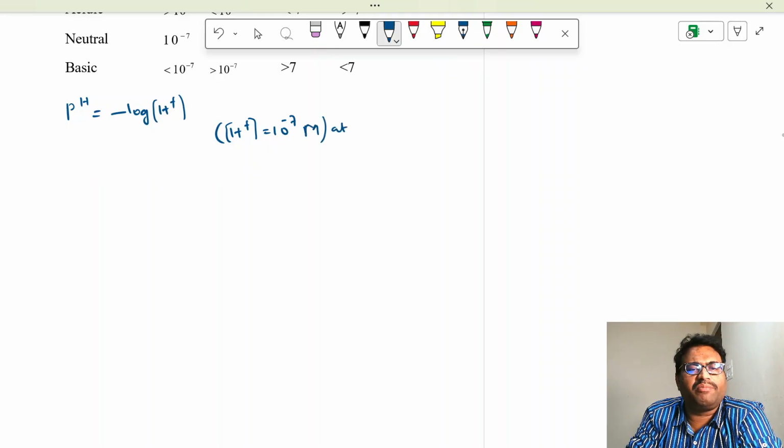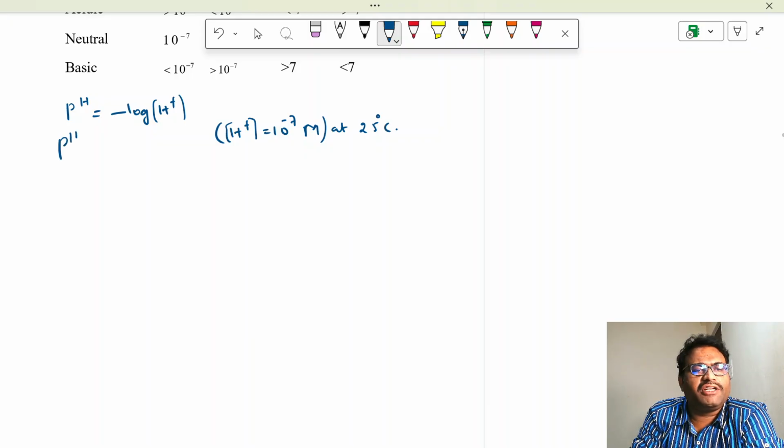This is at what temperature? At 25 degrees centigrade. Then substitute here: pH is equal to minus log 10 power minus 7, that is equal to minus of minus 7 log 10 base 10.